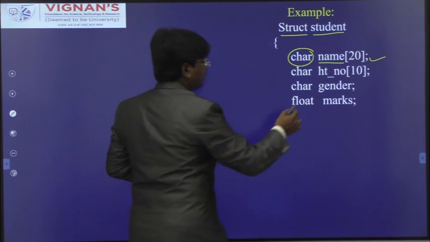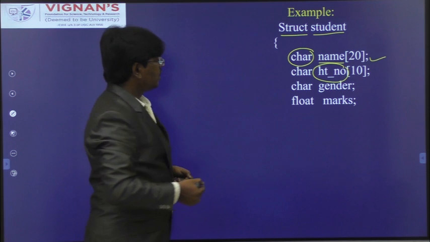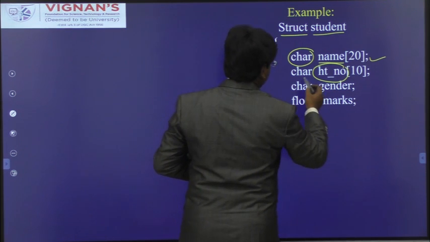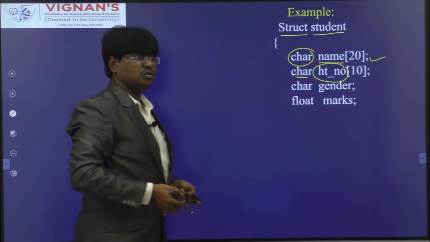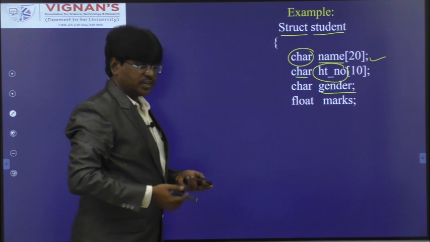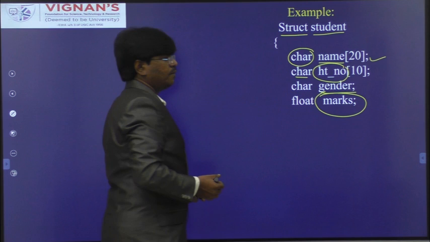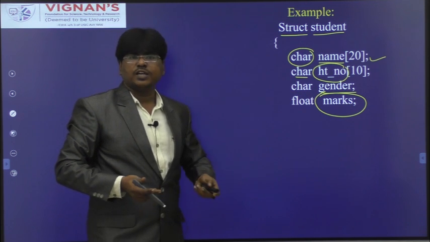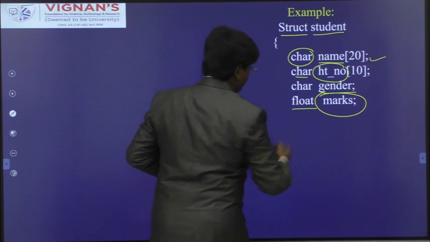I have taken another attribute, the hall ticket number or roll number, whatever it may be. Sometimes the roll number will consist of characters, sometimes of numbers also. After that I have declared gender, which is a character type, and I have declared marks. Marks sometimes have fractional values, that's why I have defined it here as float.